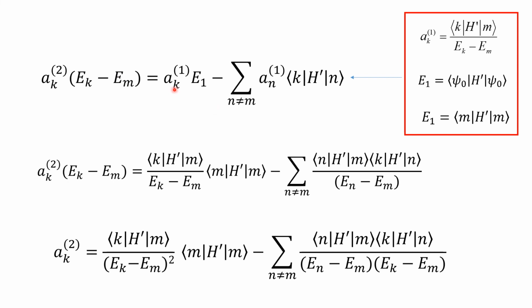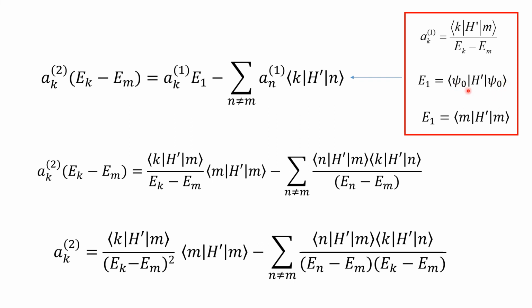Here we know a_k^(1) from first order perturbation theory: a_k^(1) is equal to <k|H'|m> over (E_k minus E_m). And also we know E_1, the first order energy correction, is <psi_0|H'|psi_0>.